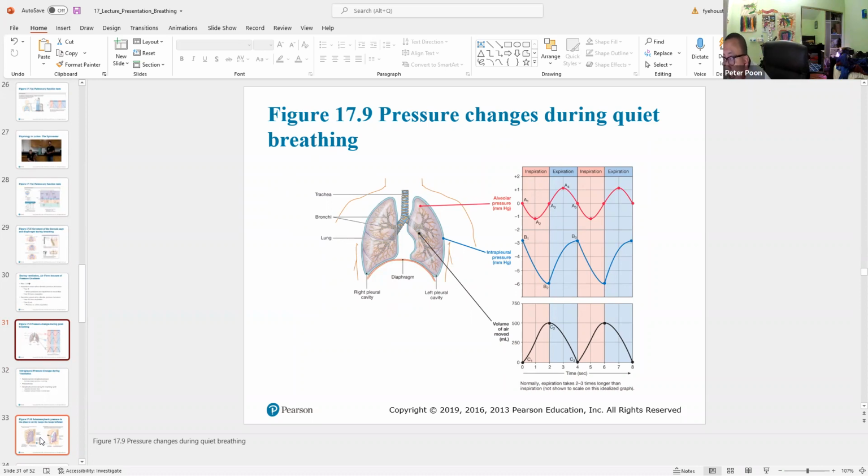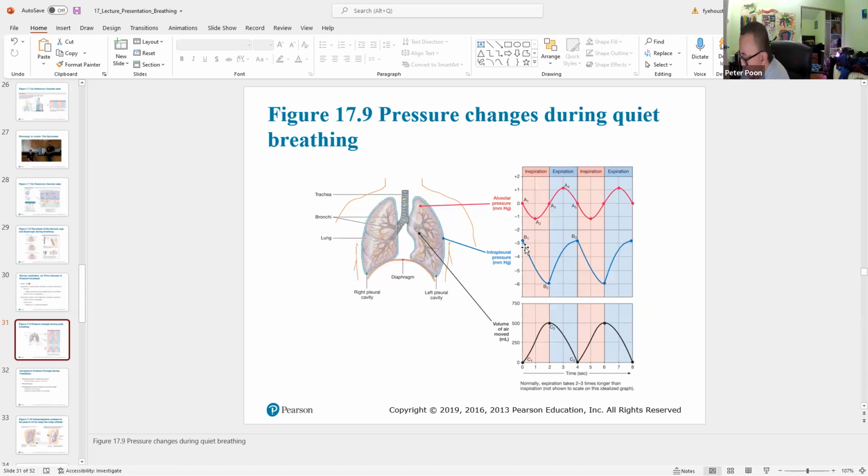When you breathe in, if you look at the alveolar pressure, it goes below and above 0. So as alveolar pressure decreases, goes negative, that means the pressure on the outside air is higher.